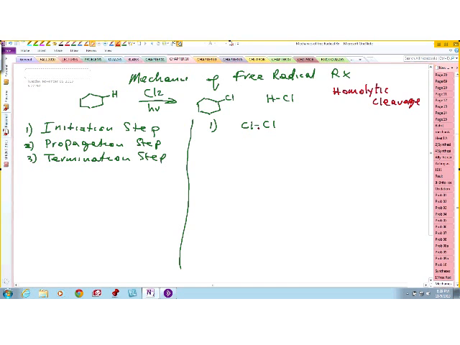In which the 2 bonding electrons, one will go to this chlorine here, and you notice how we use the fish hook arrow to show the movement of one electron, and then the other electron will go here.